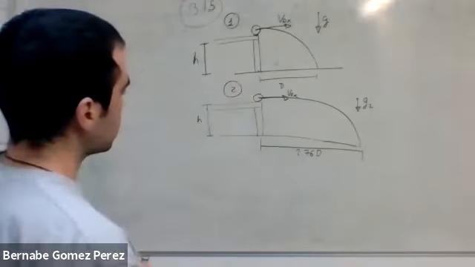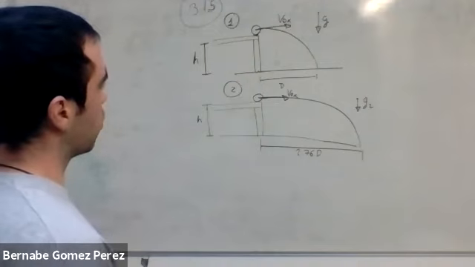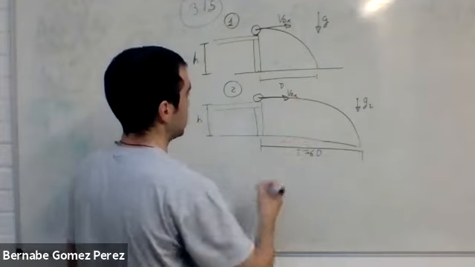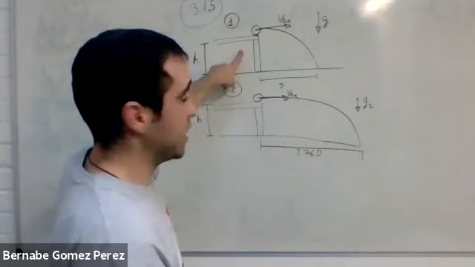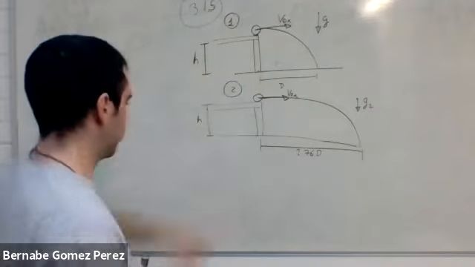So the first thing that I can also do is to try to work out equations, okay? So what I think I can do is I'm gonna try to relate the x displacement for the case 1 with the x displacement for the case 2.